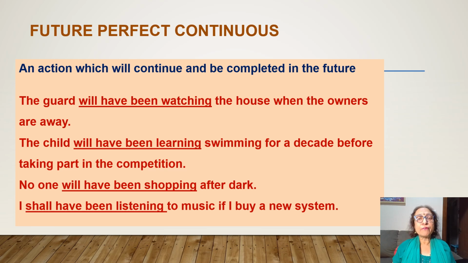Now you have a few sentences, but you must remember that this is a tense which is rarely used. We don't use much of it. But since we are learning grammar formally, since we cannot skip one item, we cannot say that this item we will not do.